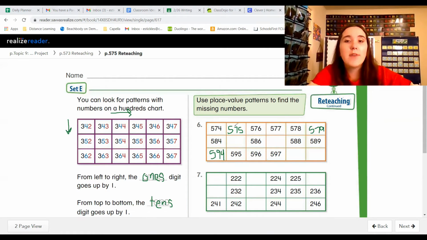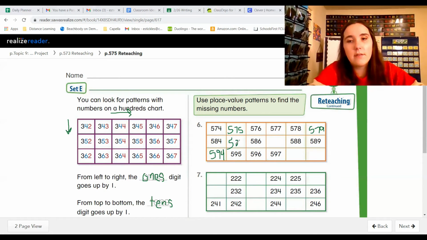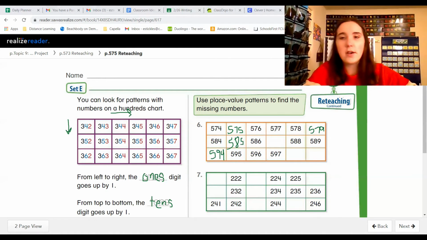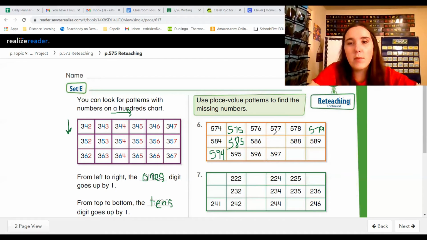Same with this one, 575, 585, ooh, there we go. And then the next one would be 595. I can jump over to my 7s here, 577 plus 10 would be 587, plus 10 would be 597.